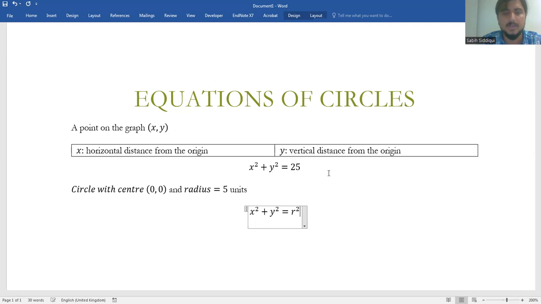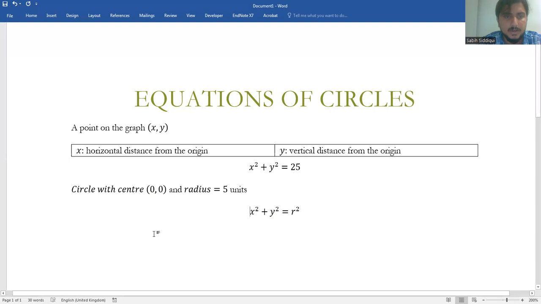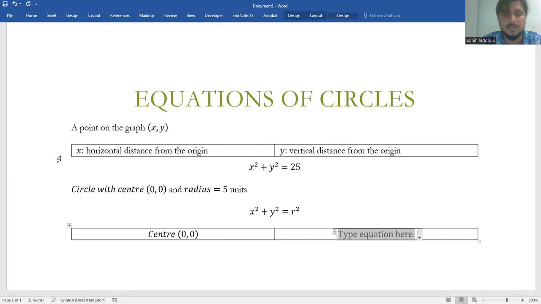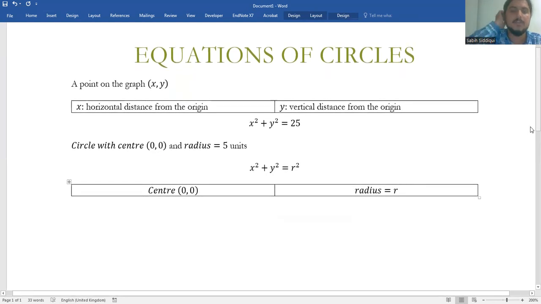Whenever we have an equation in this form, we can always interpret the two parameters of a circle. What are those two parameters? The center and the radius. In this particular case, the center will always be 0 and 0, which is the origin, and the radius will always be r, which is the square root of whatever constant we have on the other side.